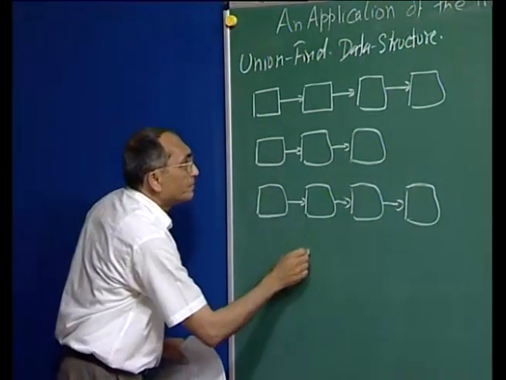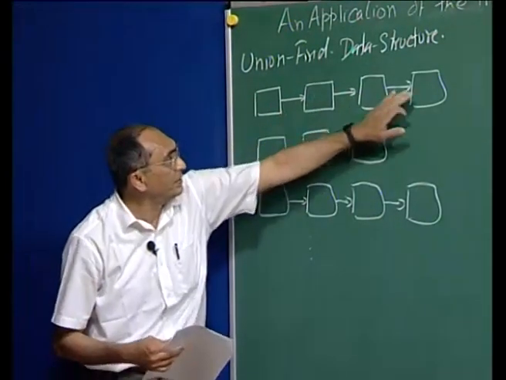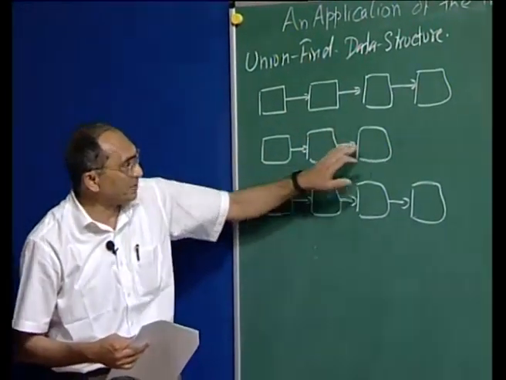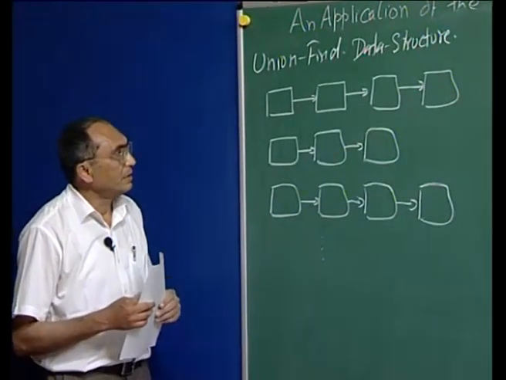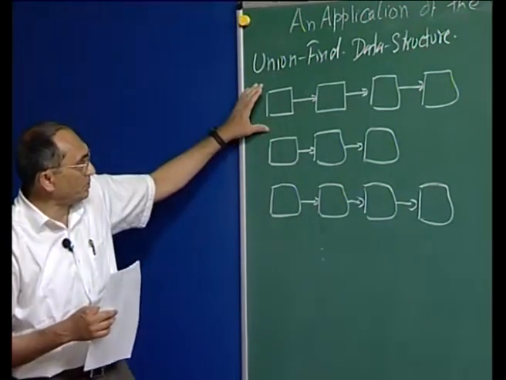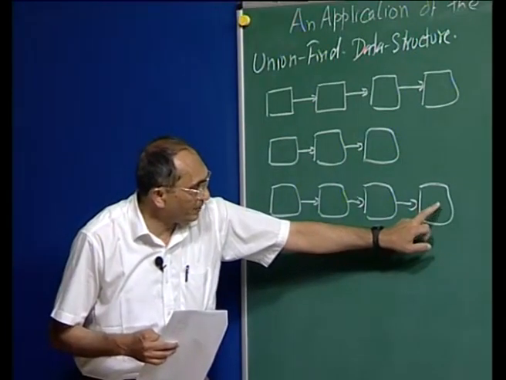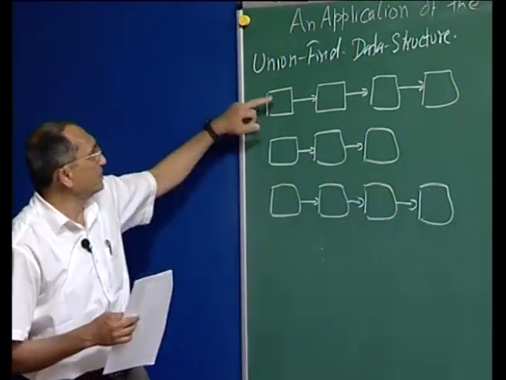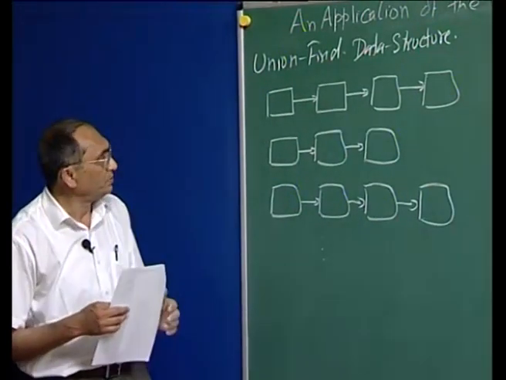And so on. So here we have vertices of capital V1, here we have vertices of capital V2, and so on. When we have to perform union, all we have to do is connect a pointer from the end of one to the start of the other. That's how we will be able to perform a union.